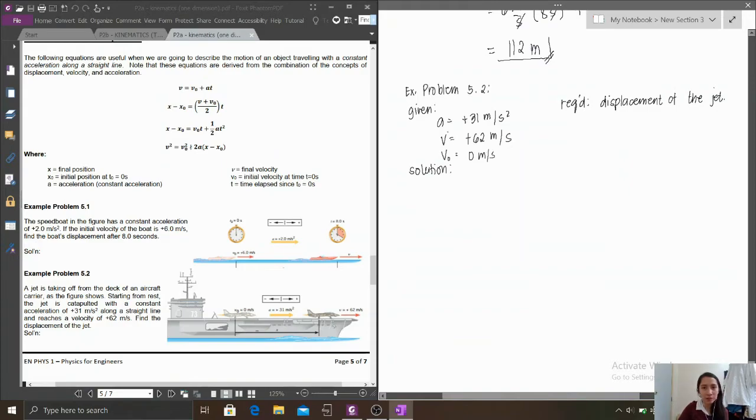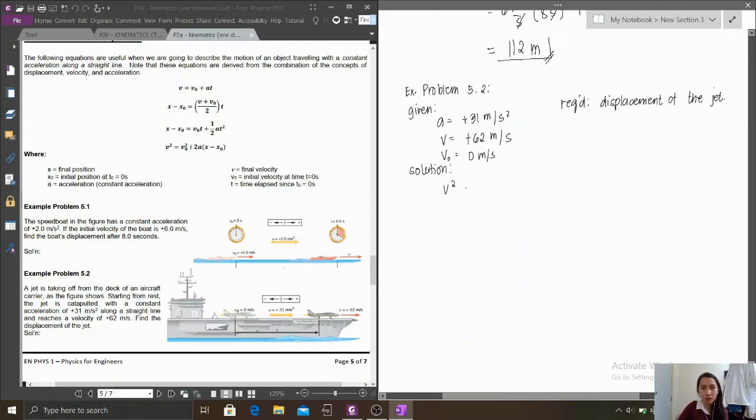Find the displacement of the jet. We have the initial and final velocity and the acceleration. So, ang pinapahanap sa atin ay the displacement. So, we can use this formula, since meron tayong acceleration, and we can solve for the displacement. Again, direct substitution lang siya.